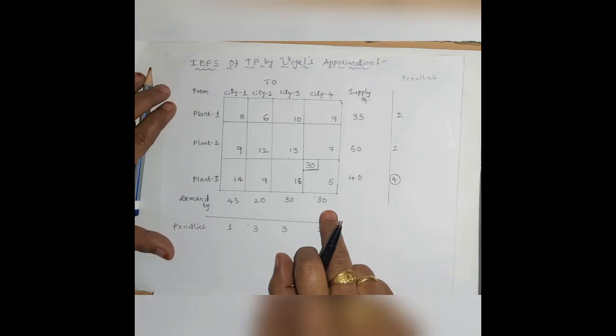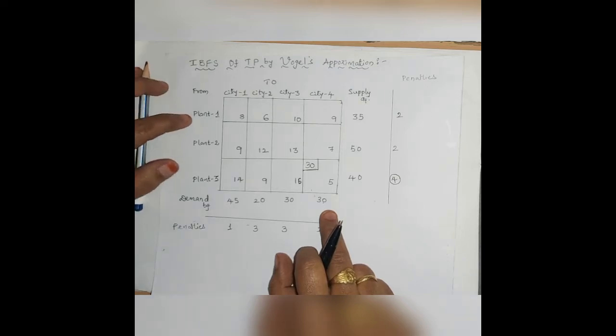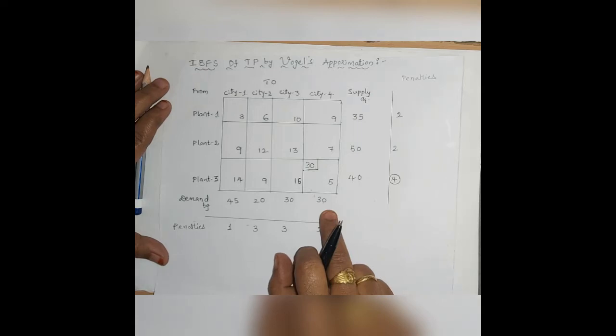Now here the objective of the transportation problem is to obtain the minimum transportation cost by transporting the goods from plants 1, 2 and 3 to the different cities 1, 2, 3 and 4. Vogel's approximation method is an efficient and convenient method for obtaining the IBFS of a transportation problem.